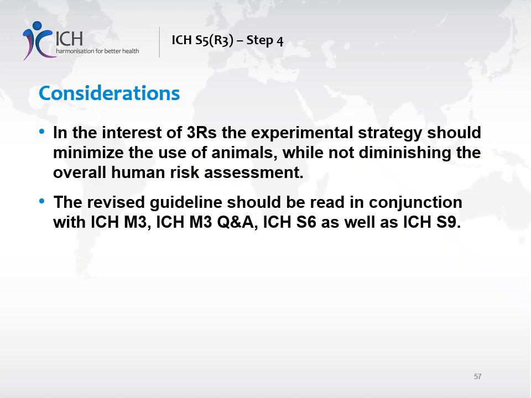Following considerations are of importance. In the interest of 3 Rs, the experimental strategy should minimize the use of animals while not diminishing the overall human risk assessment. The revised guideline should be read in conjunction with ICH M3, ICH M3 Q&A, ICH S6 as well as ICH S9.